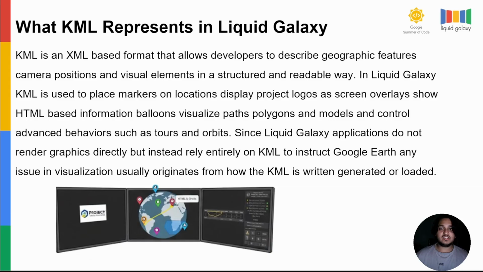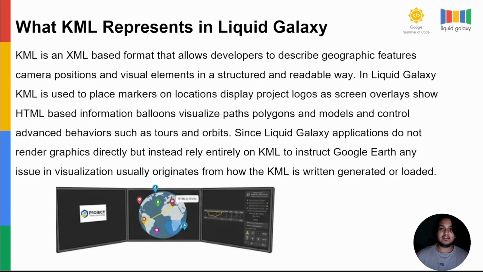In a normal application, we usually deal with buttons, layouts, and widgets. In Liquid Galaxy, instead of UI components, we work with geographic and spatial elements. For example, when we place a marker on a city, that is described as a KML placemark. When we move the camera to a new location, that movement is described using camera and LookAt tags.